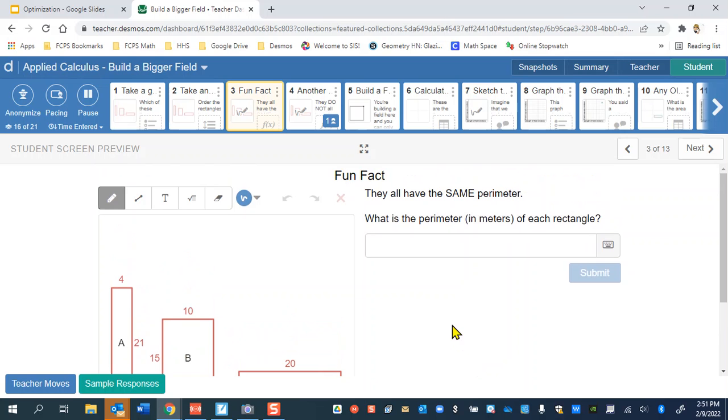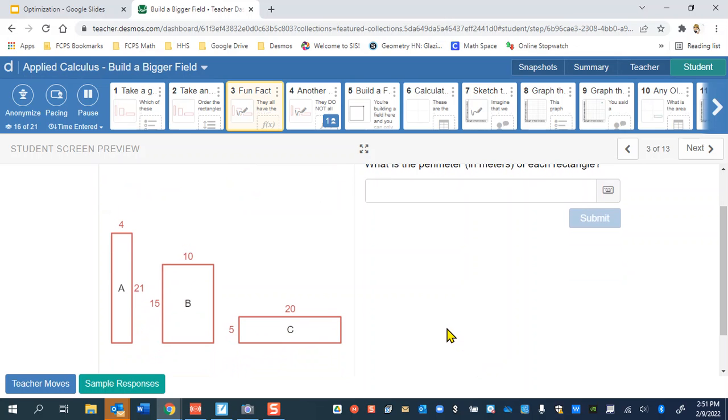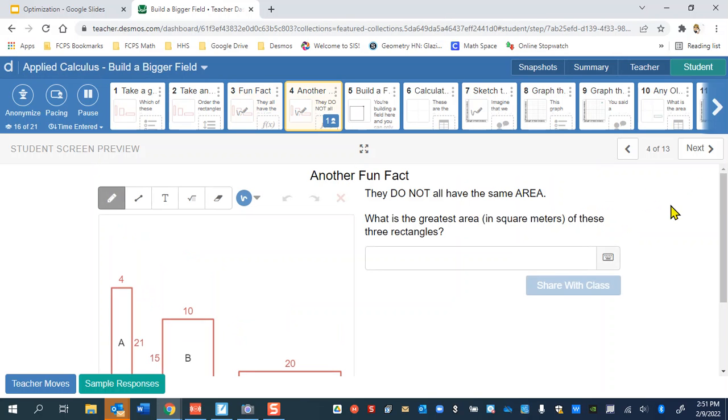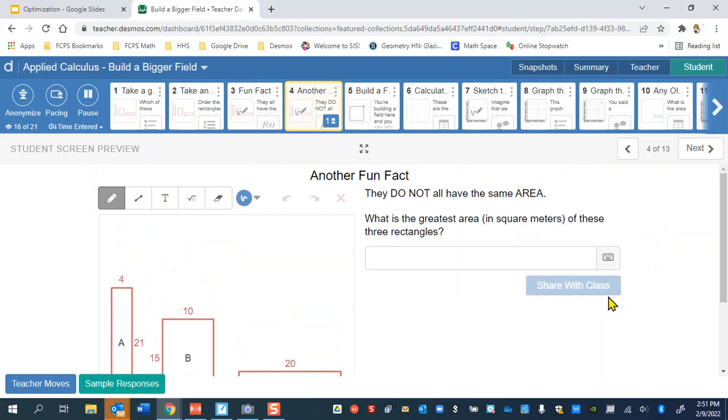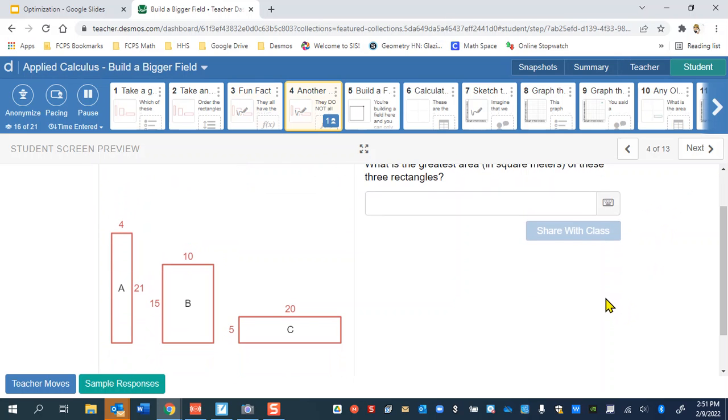Or a fun fact, they all have the same perimeter. What is the perimeter? So they each have a perimeter of, what does this put you at, 50? Right? So what's really cool, they do not all have the same area, which is the greatest area. And we talked about this before. The greatest area is B, which is 150, right?